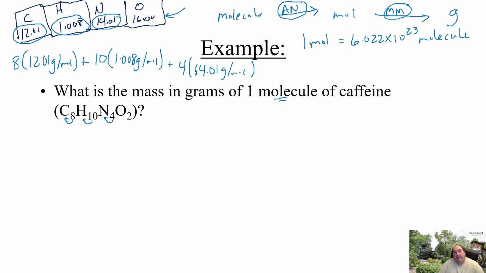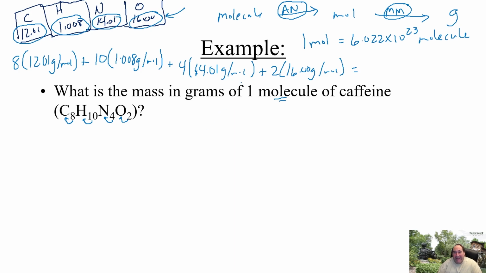Obviously from our periodic table, and 2 times our oxygen, so 2 times 16 grams per mole from our periodic table here. Adding all that together, going to be 8 times 12.01 plus 10 times 1.008 plus 4 times 14.01 plus 2 times 16.